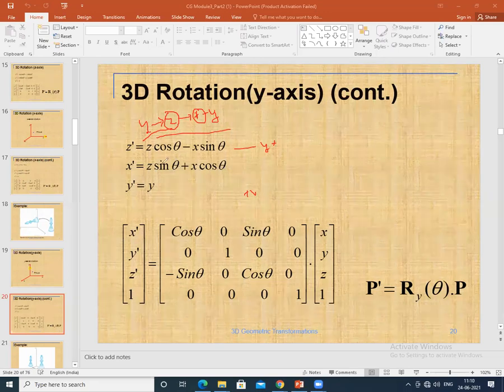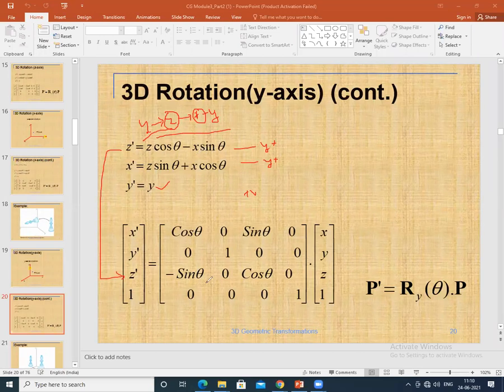In this case, again no y component, y equals y bar. So now here you see what is the equation for z bar. Z bar equals, x component is minus sin theta, no y component, z component is cos theta, 0, right?